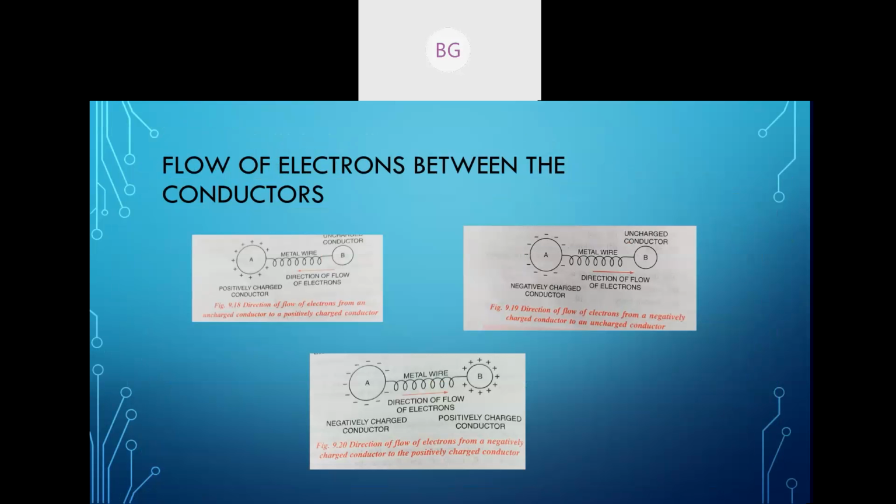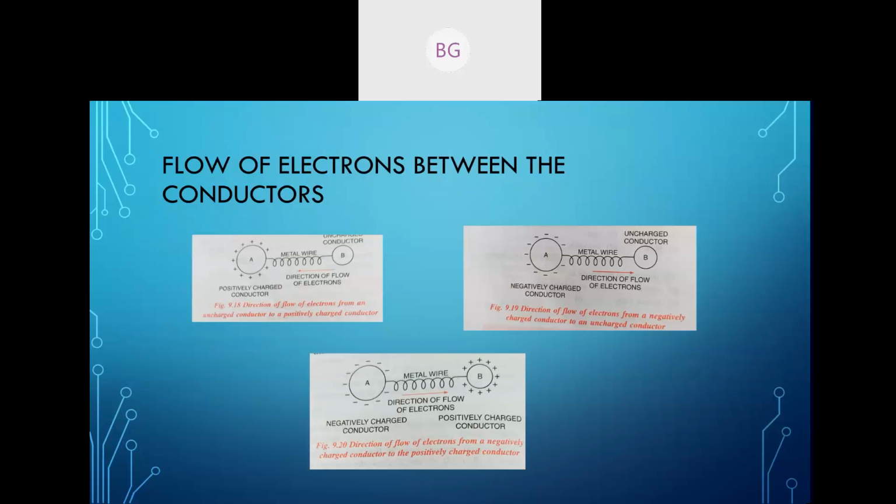Okay, so if in a body or in a conductor the number of protons are more compared to number of electrons, then it is called a positively charged body. If the number of electrons are more compared to number of protons, then that conductor or object is called negatively charged.